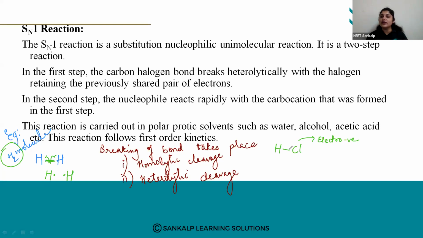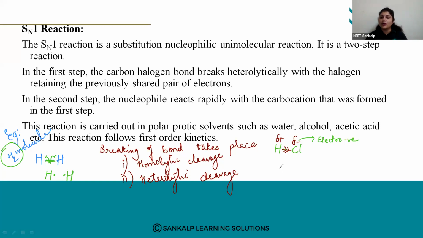So as a result, it will tend to pull the shared pair of electrons between hydrogen and chlorine towards itself. As a result, there will be a partial positive charge and a partial negative charge on the atoms.